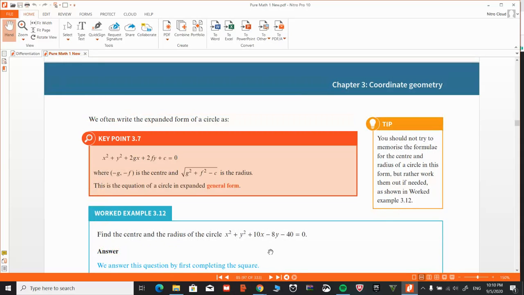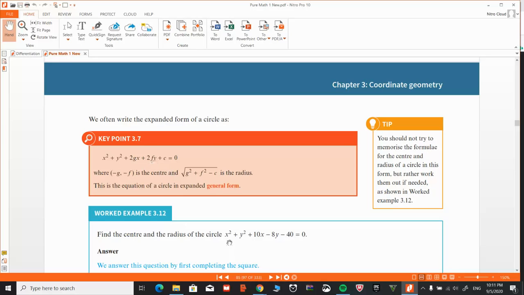Now if I were to look at this formula and you asked me what the coordinates of the center were, I can see that to find the coordinates of the center I need negative g, negative f, so I need to find g and f first. I can see 2g is 10, so g is 5.